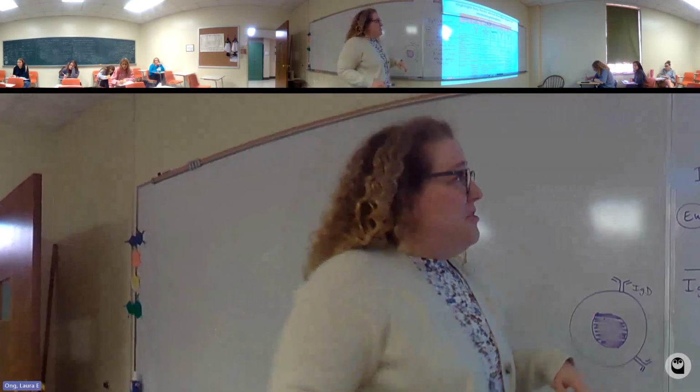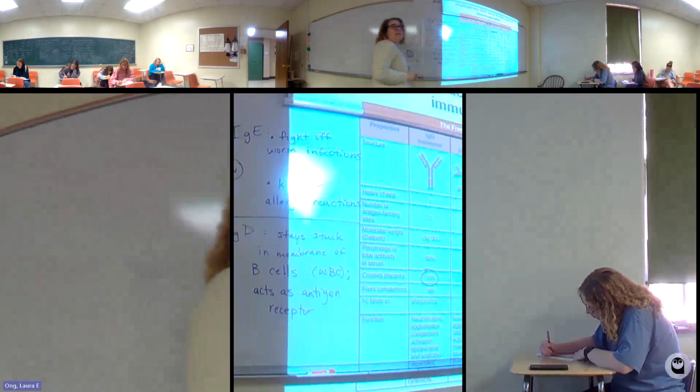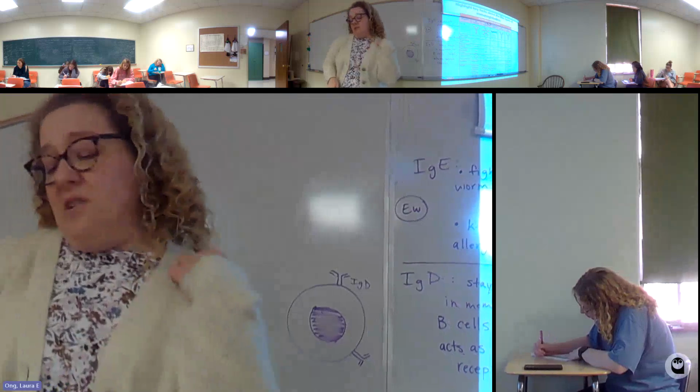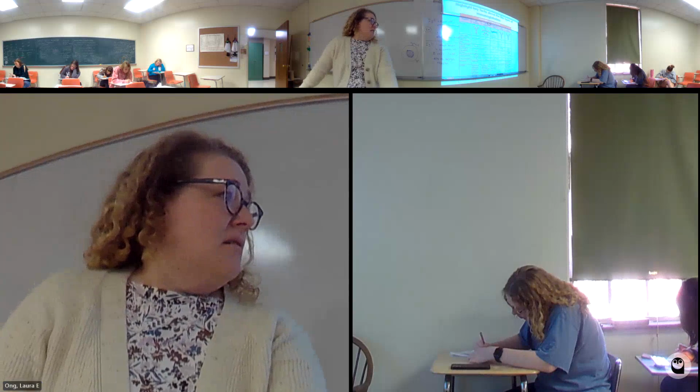One other thing that I want you to go back and add about IgG in your notes from Monday. It's very important to note that IgG is the only one of these that can cross from mom to fetus through the placenta. I think I didn't have you write that on Monday.